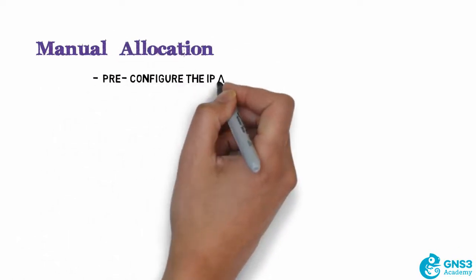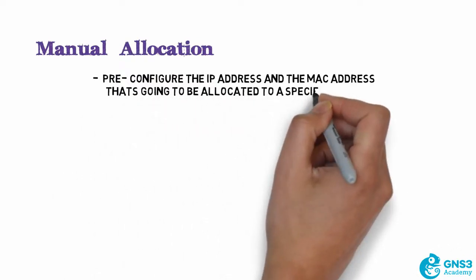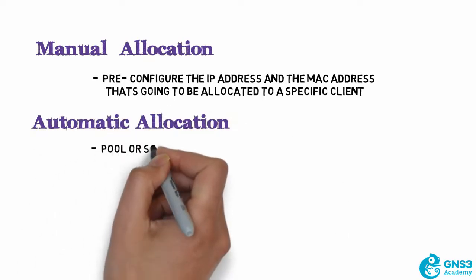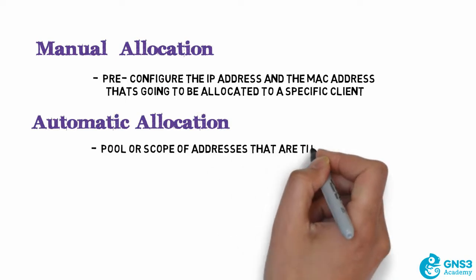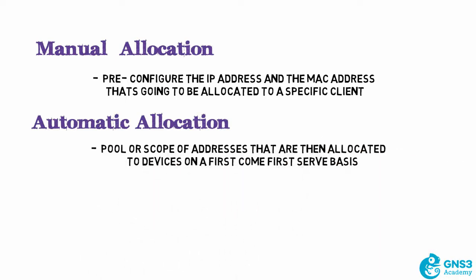In manual allocation, you have to pre-configure the IP address and the MAC address that's going to be allocated to a specific client. Whereas with automatic allocation, you just create a pool or scope of addresses that are then allocated to devices on a first-come, first-served basis.